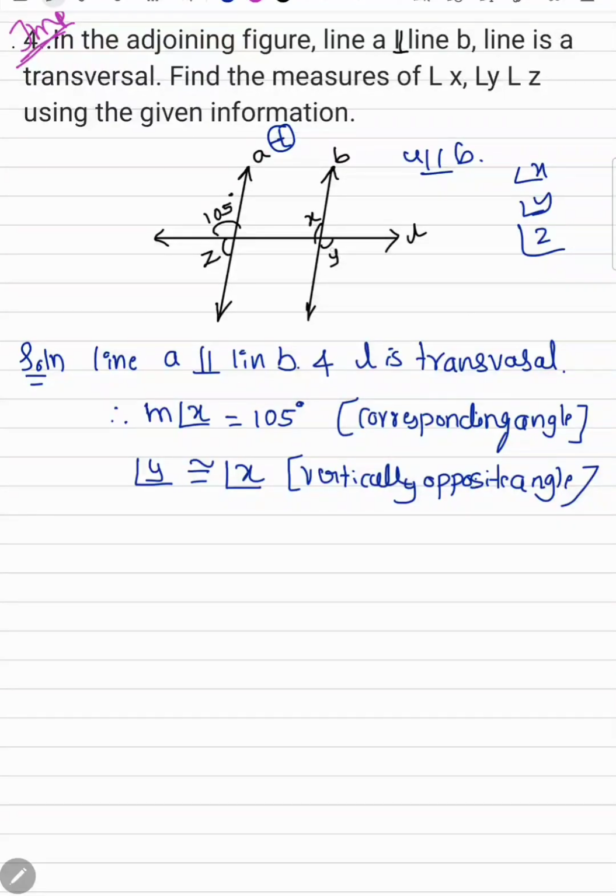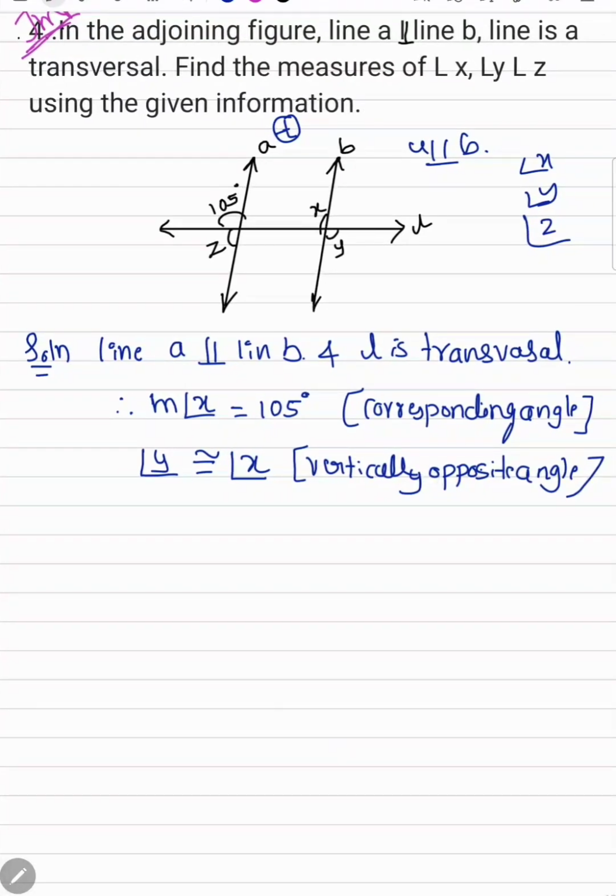X. Y is opposite X, so it is vertically opposite and also equal. Congruence means equal. Corresponding also means equal. So here we know the X value. Measure of X, this is corresponding to this one. So how much value is it? 105 degrees.